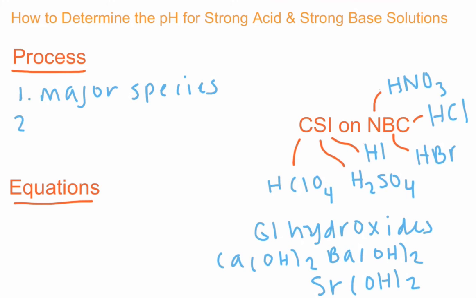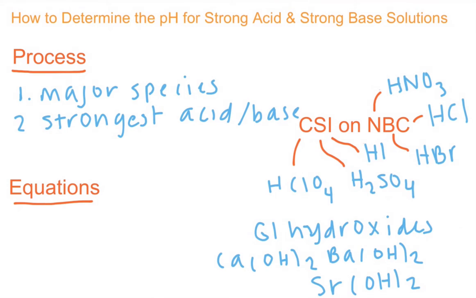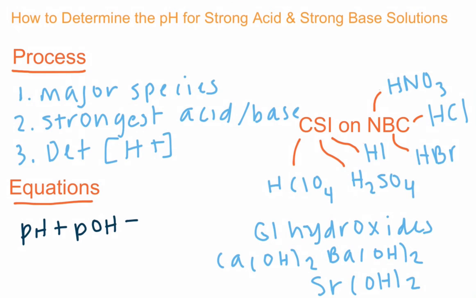Then we're going to pick our strongest acid or base in solution. Finally, we are going to determine our concentrations of that H+ or that H3O+. And finally, we can apply our equations, which will be as follows. So pH plus pOH equals 14.